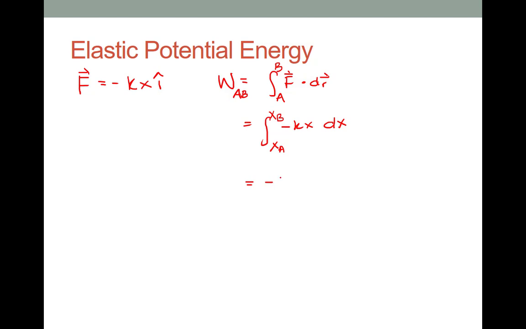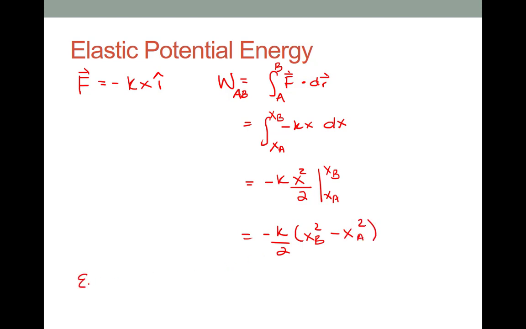Doing this integral, I end up with negative kx squared over 2 evaluated at xa and xb, which is negative k over 2 (xb squared minus xa squared).